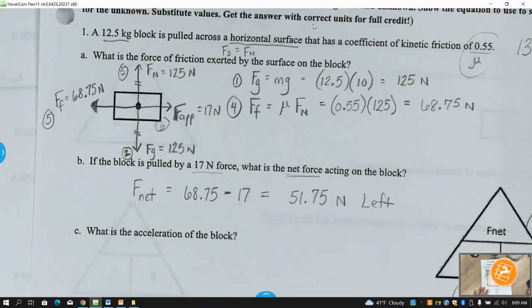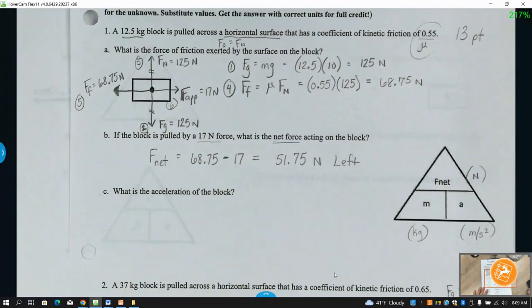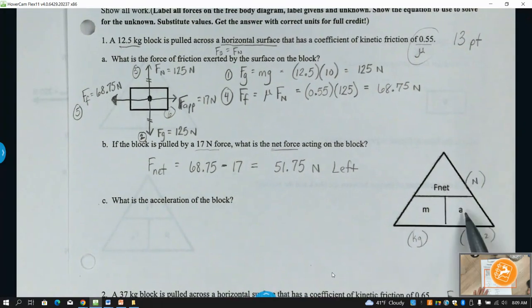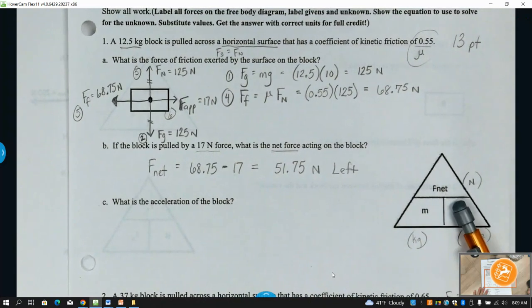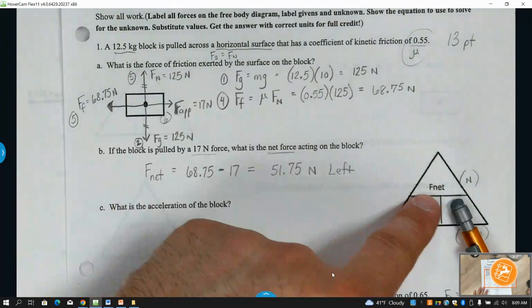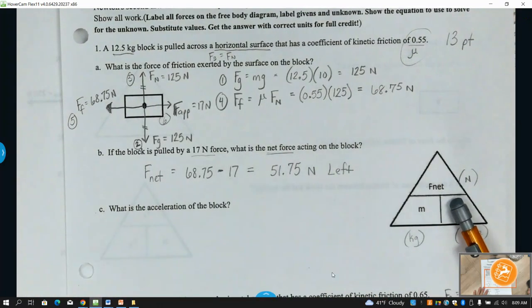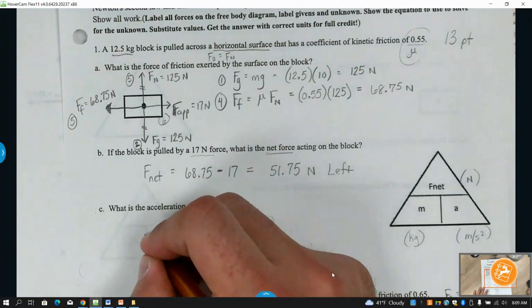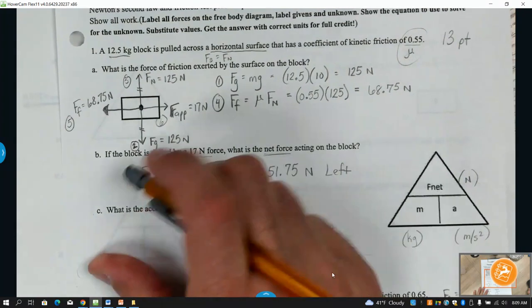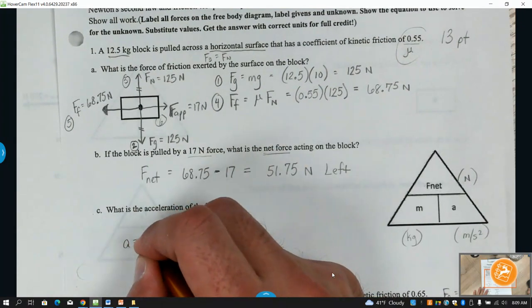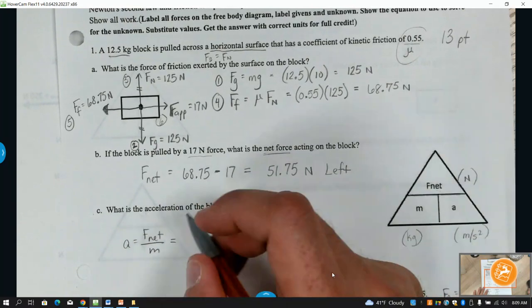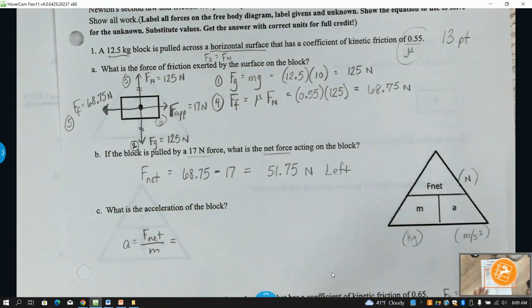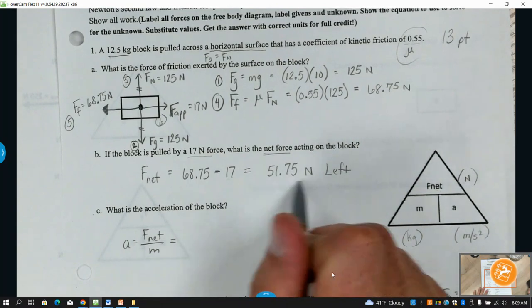Okay, excellent. So we've got that down. Now they want to know what the acceleration is. Looking at this equation here, if I covered up A, what does A equal? F net divided by m. So A is equal to F net divided by m. And, okay, what is my net force? Good, we just solved for that.